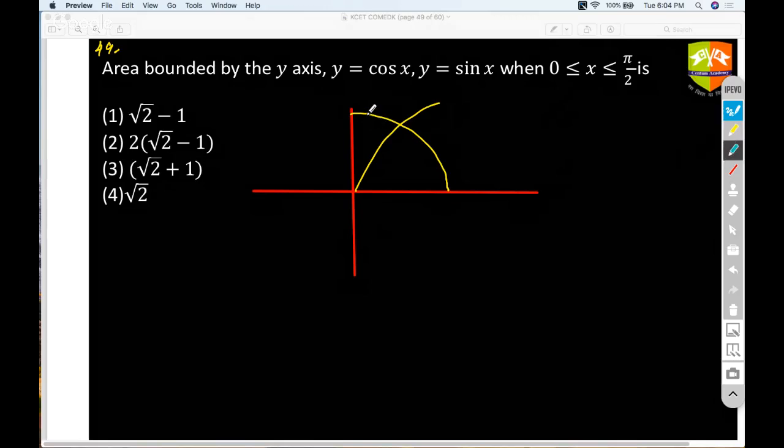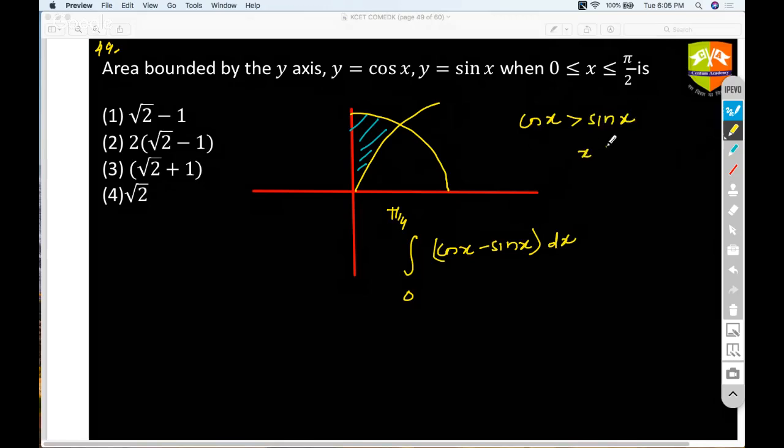So we need to figure out this area. Okay. So as you can see, the area would be nothing but the area from 0 to pi by 4 of the cos x minus sin x curve. Because cos x would be higher in value than sin x in the interval 0 to pi by 4.